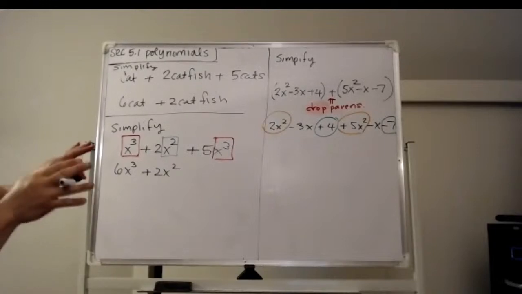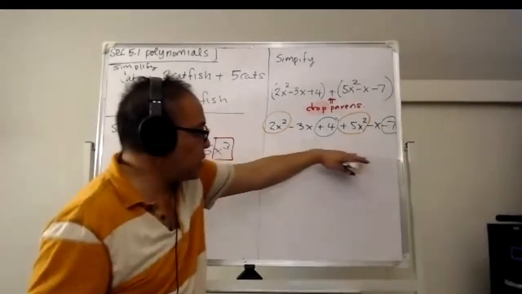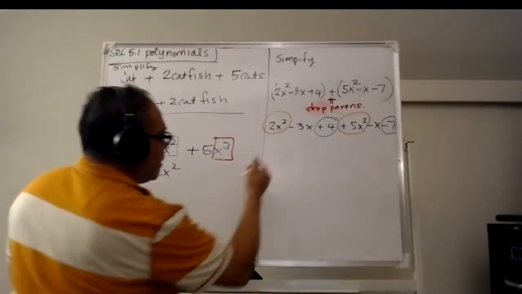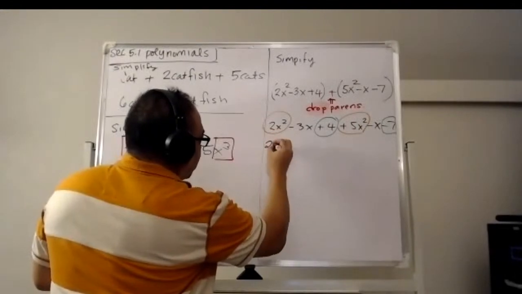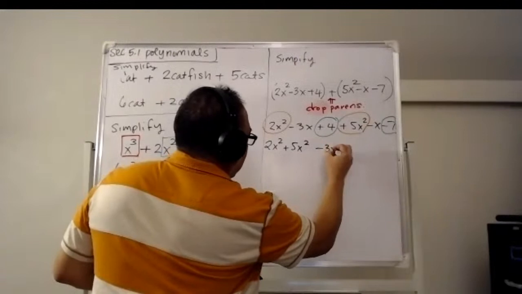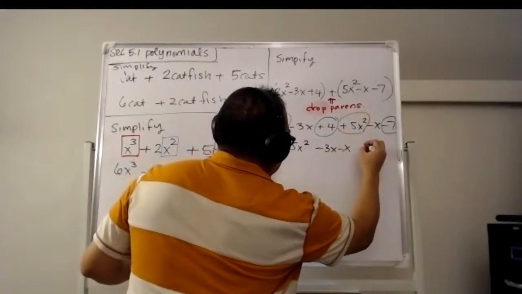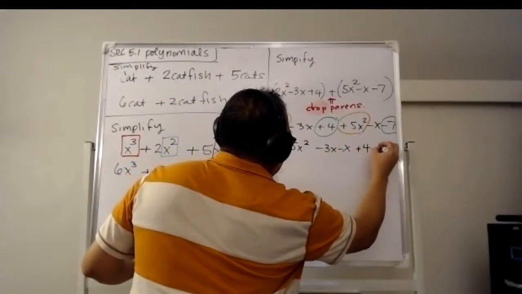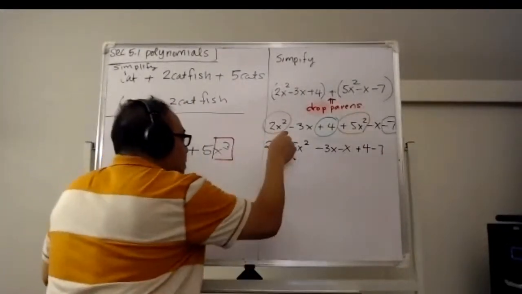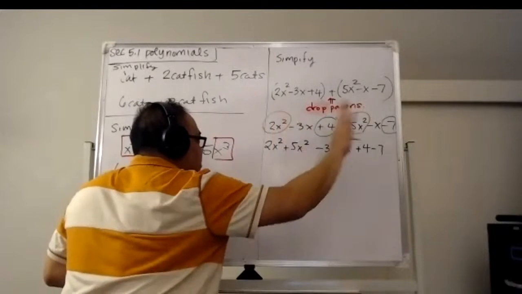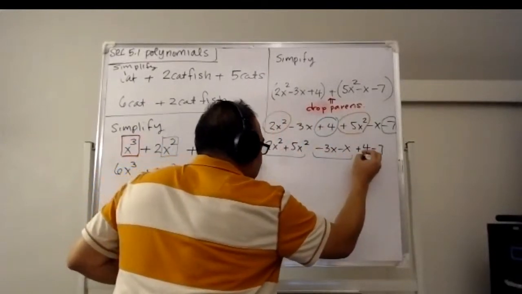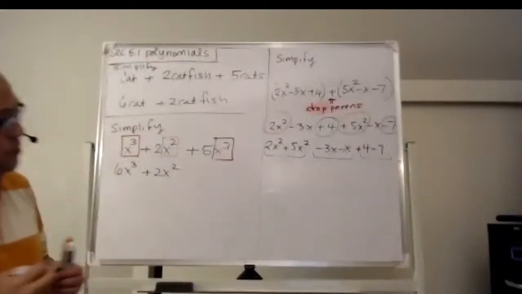Now, if you see it this way, you can just write your answer. But for some people, when they're first starting out, it's hard to see it. So you can put things that are similar next to each other. Just remember that the plus or minus goes with the thing on the right. So figure out what that is, figure out what this is, and figure out what that is.